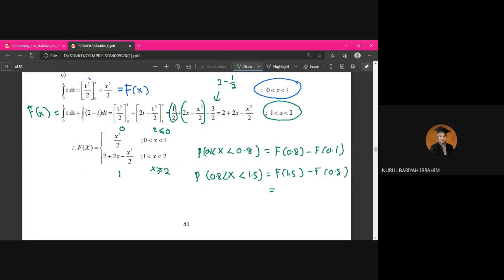Okay, you need to use the second CDF here sebab 1.5 berada dalam second interval. Okay, F 0.8 ambil daripada use the first CDF because of 0.8 berada dalam first interval.